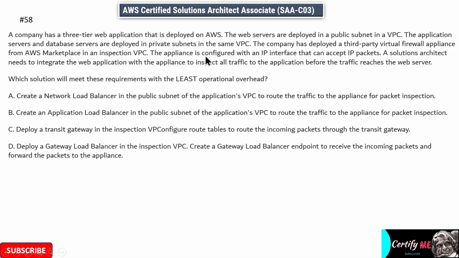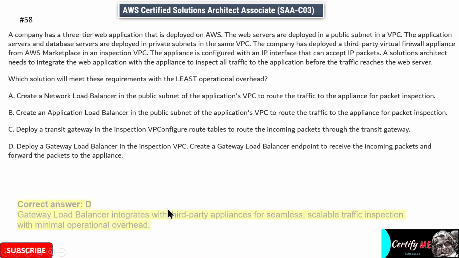The appliance is configured with an IP interface that can accept IP packets. A solutions architect needs to integrate the web application with the appliance to inspect all traffic to the application before the traffic reaches the web server. Which solution will meet these requirements with the least operational overhead?